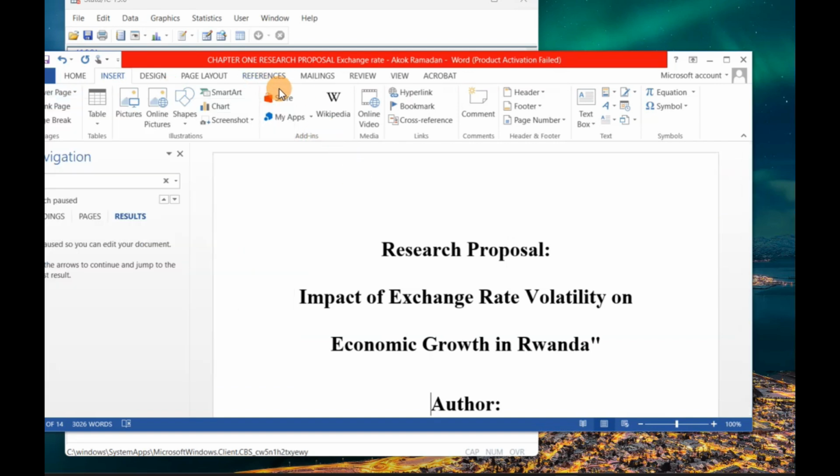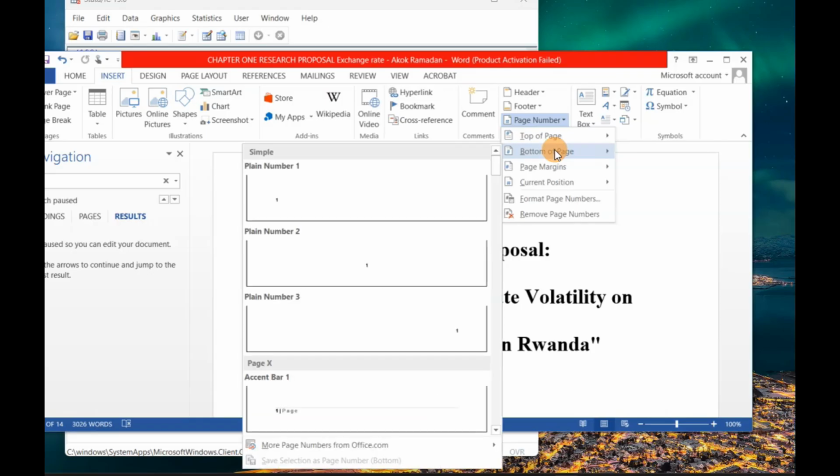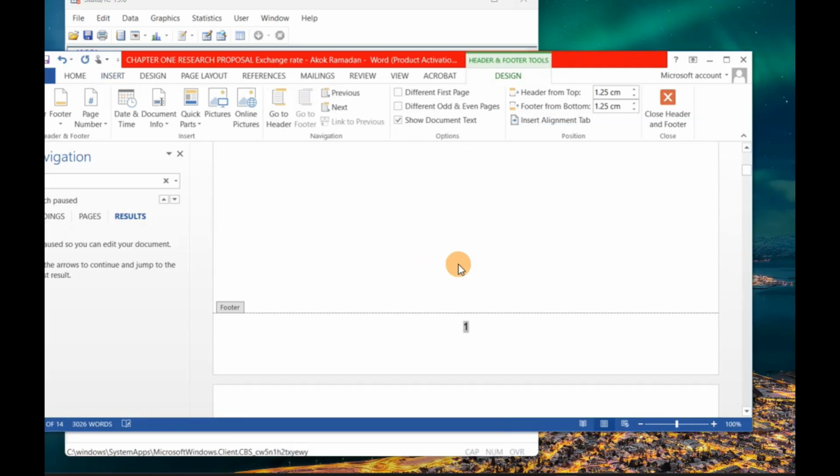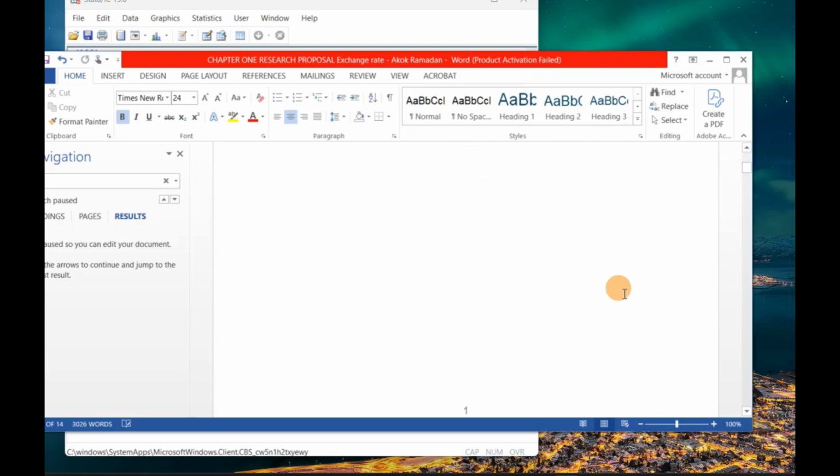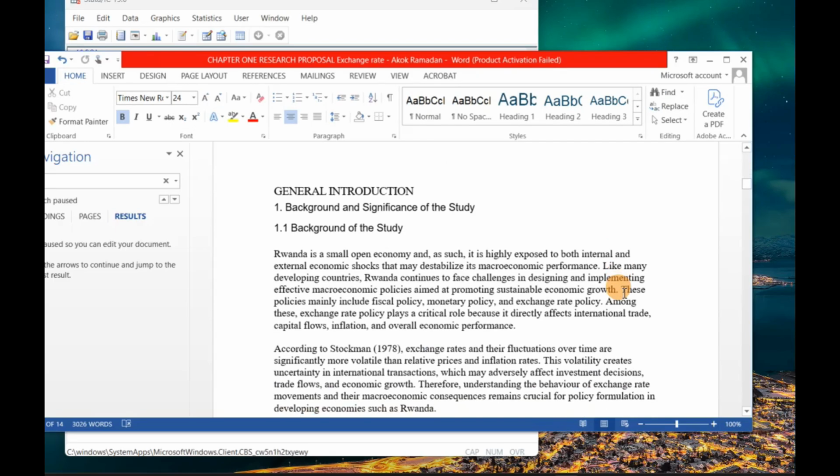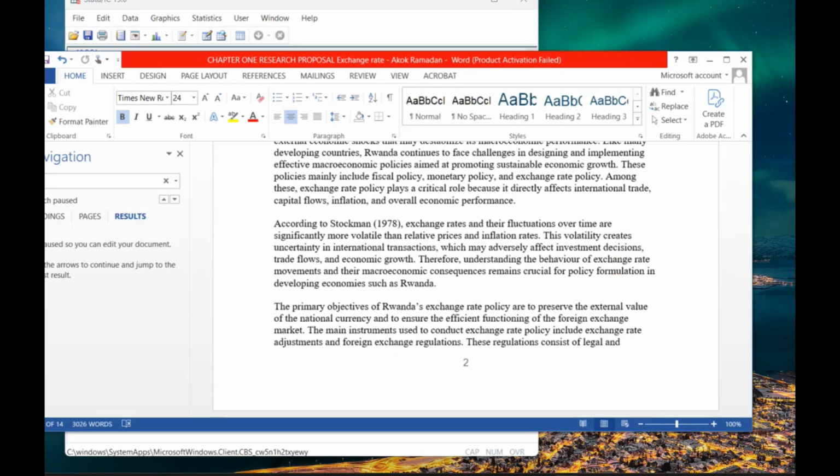Page number. Page number here. Yes, exactly. So it should be at the bottom, the middle one. Just put one. It should have numbering.